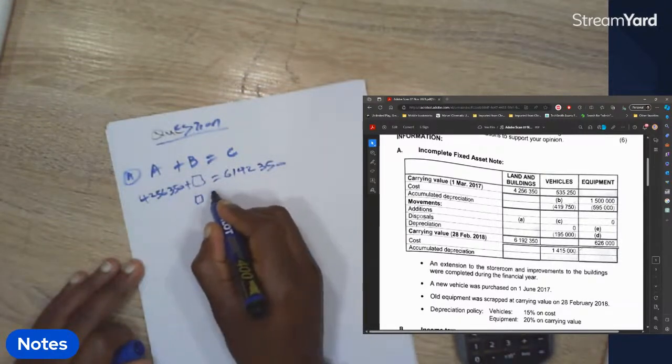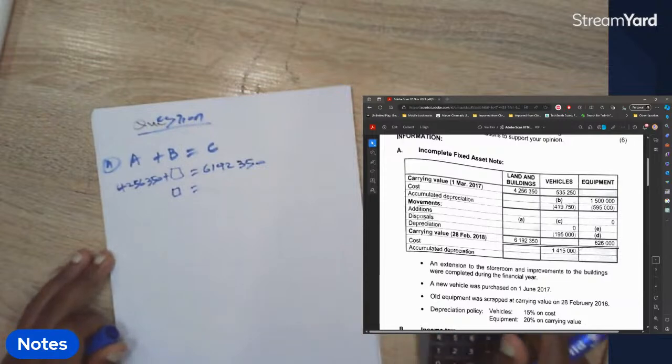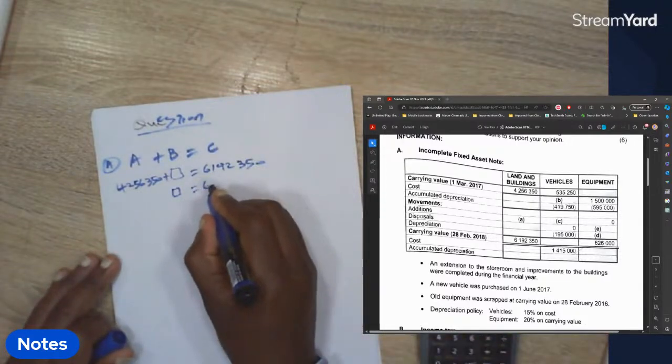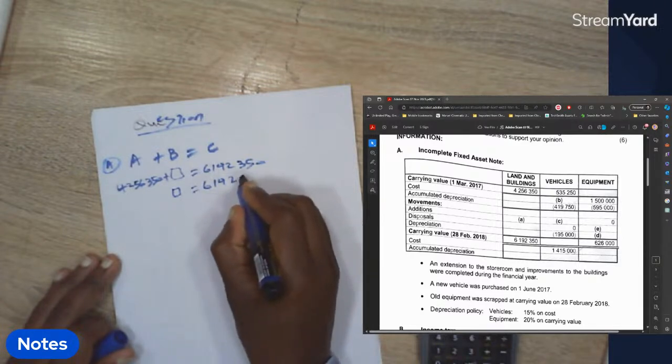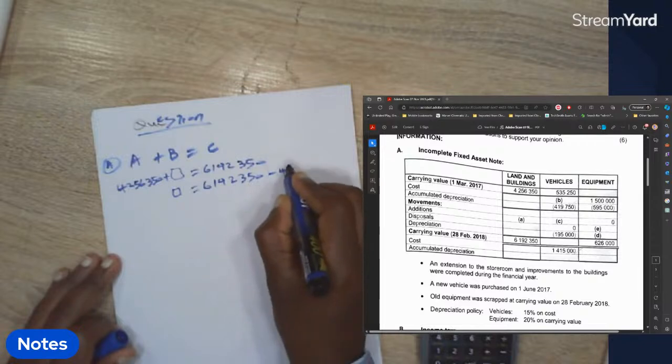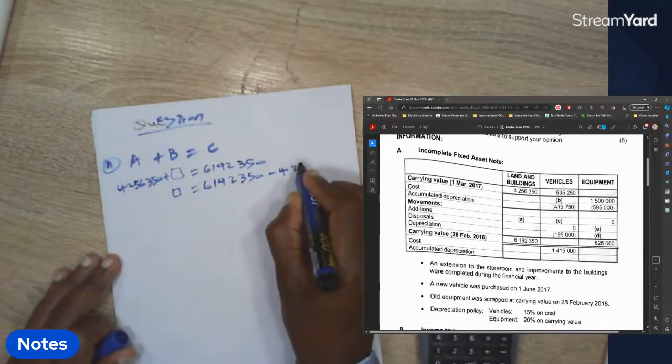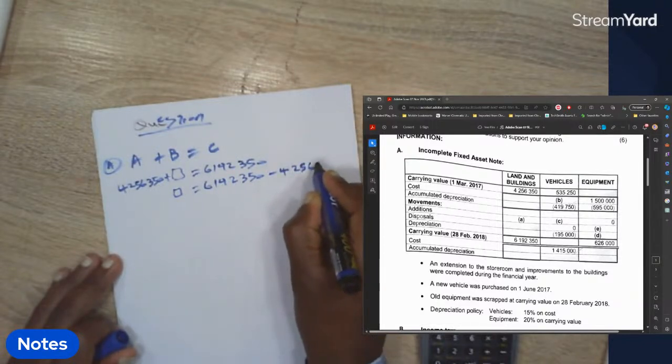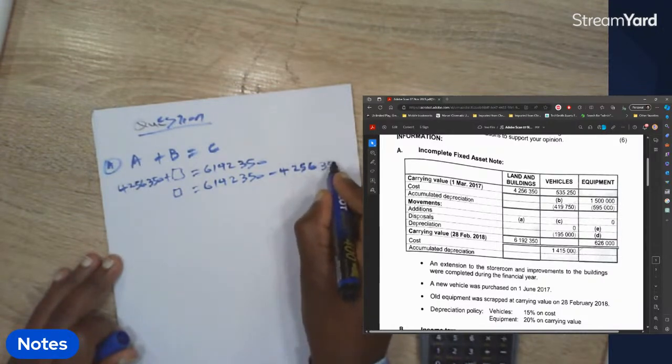You have a box here. So now, what are we going to have? We're going to have 6,192,350 minus 4,256,350.